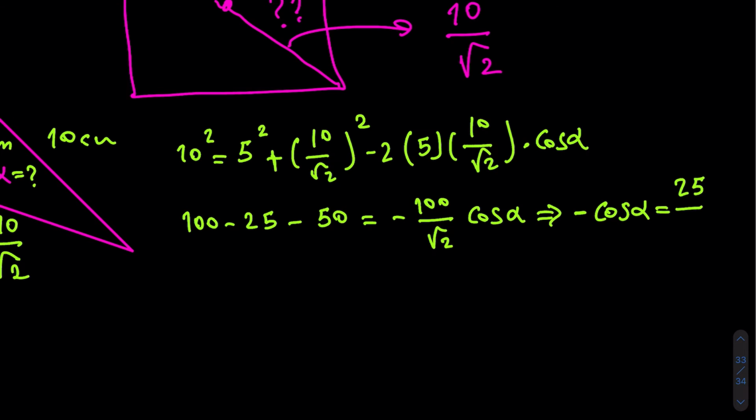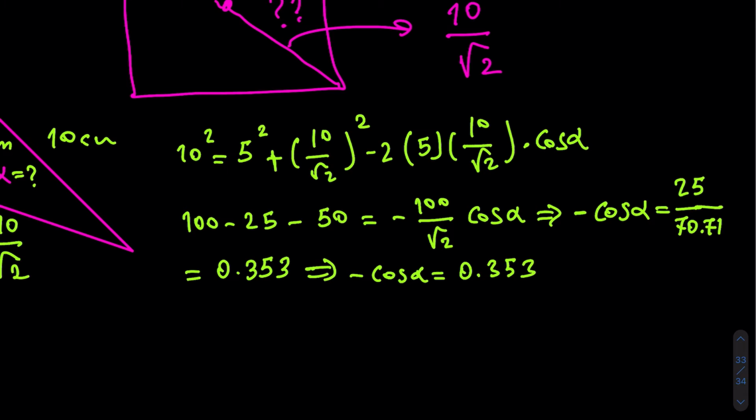25 over 70.71, which is equal to 0.353, right? So then that means negative cosine alpha is equal to 0.353. This is what I've got.